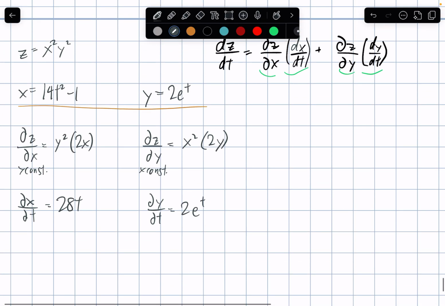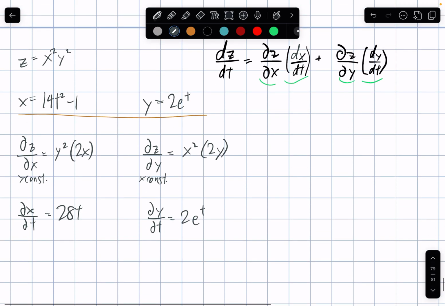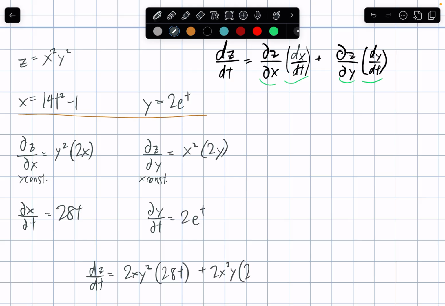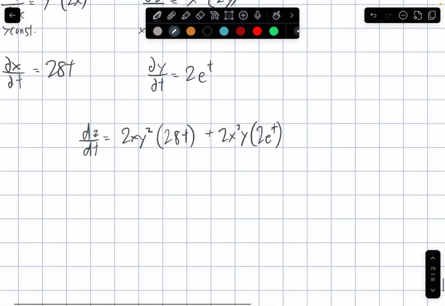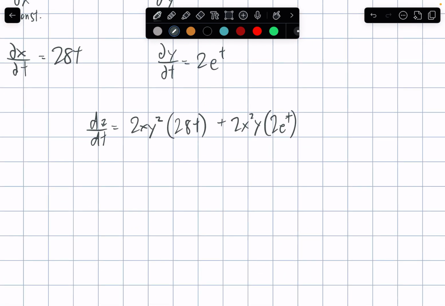After that, let's compile. So dz over dt is equal to 2xy squared times 28t plus 2x squared y times 2e raised to t. And we don't stop here.